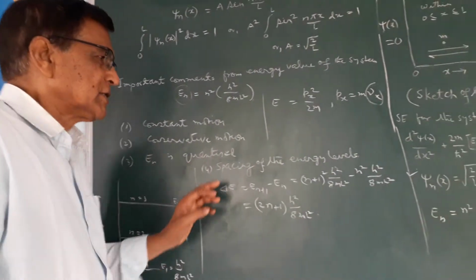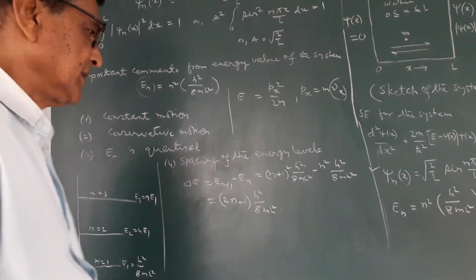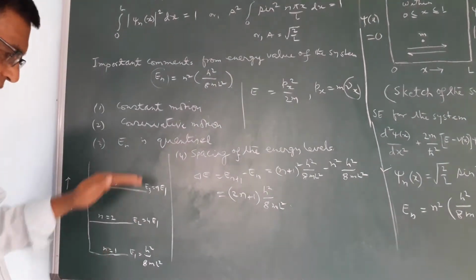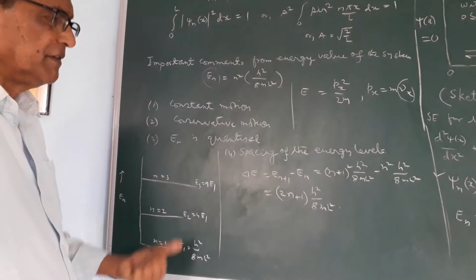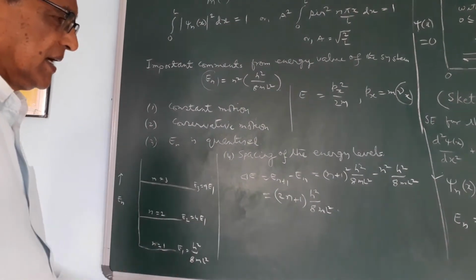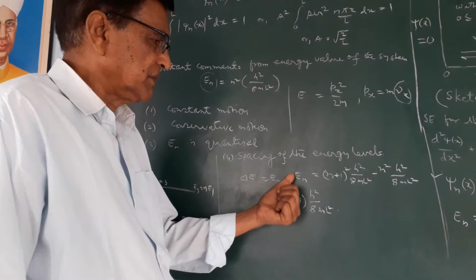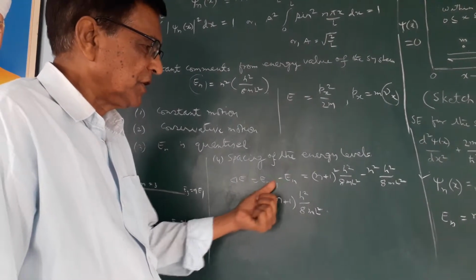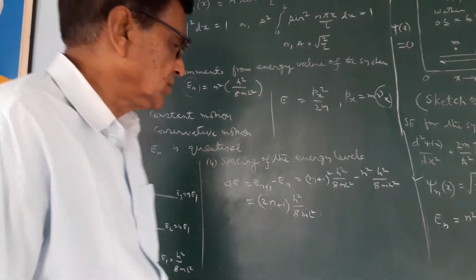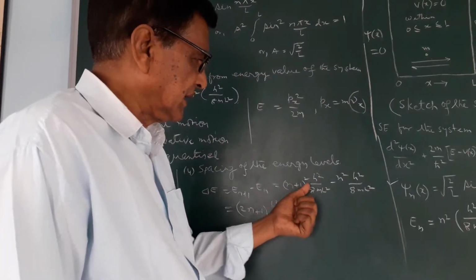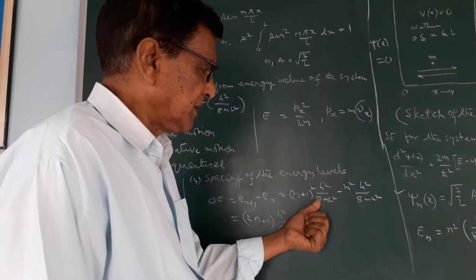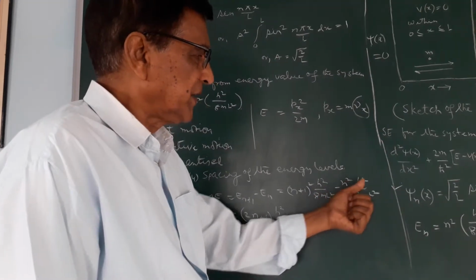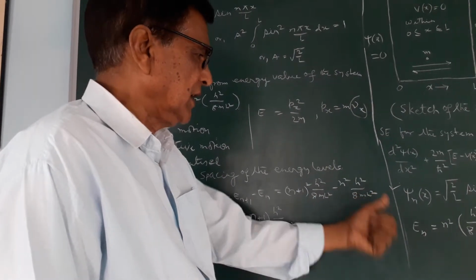The fourth one, spacing of these energy levels. This is not equispaced, as we have seen. The energy levels are not equispaced. Delta E equal to this minus this. These are the consecutive energy values, n plus 1 square h square divided by 8mL square minus n square h square divided by 8mL square.